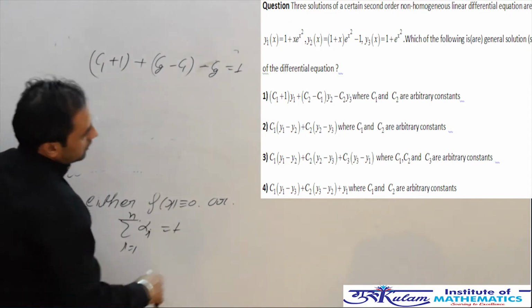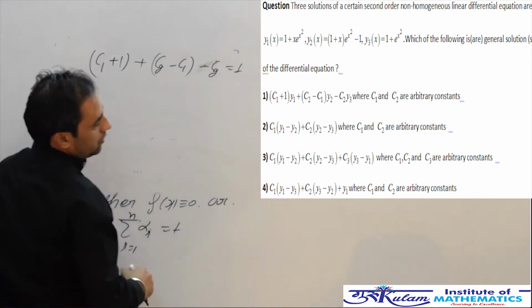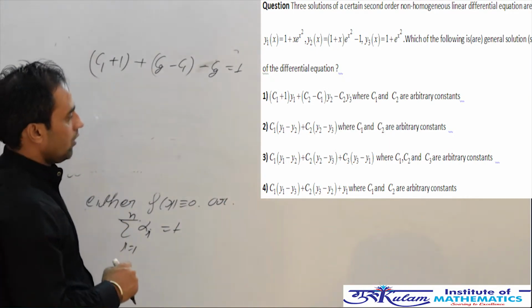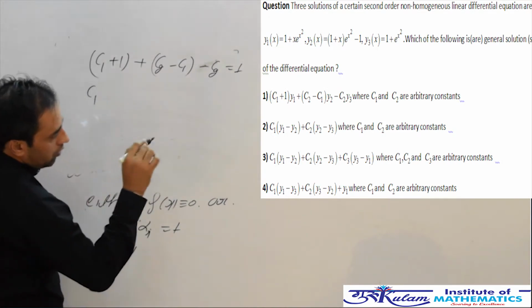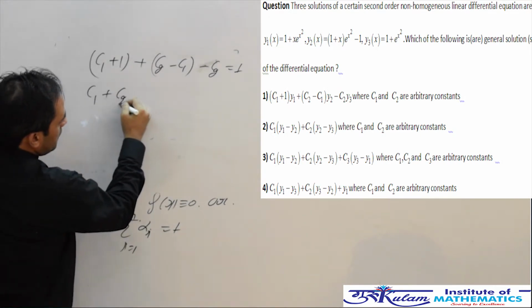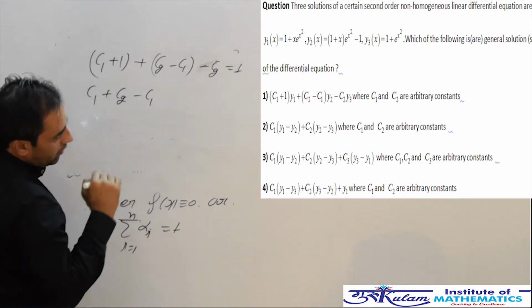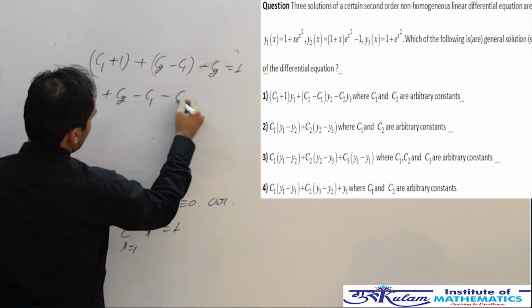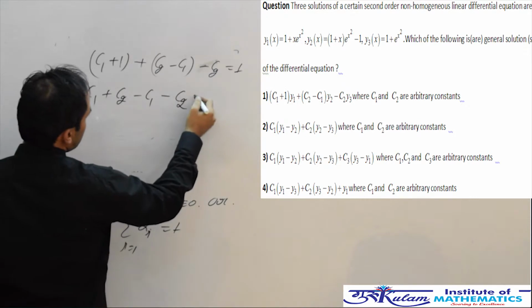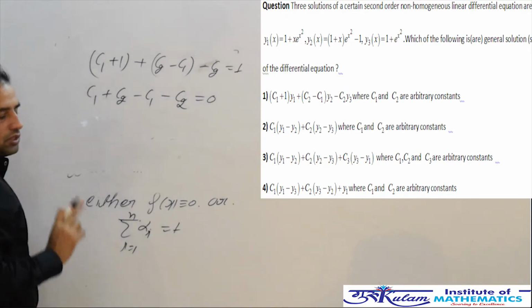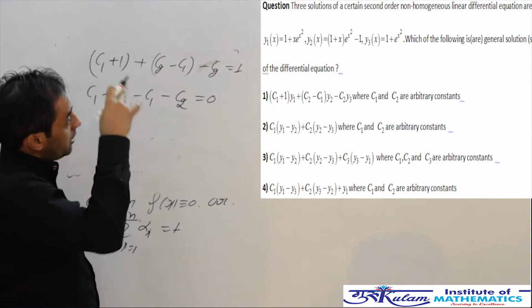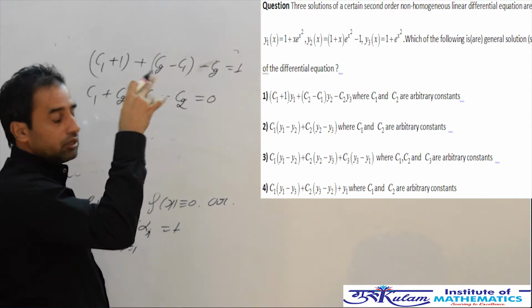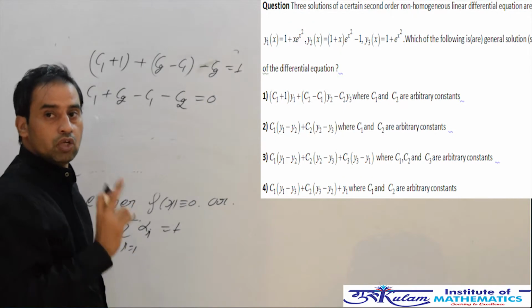In the second option, the coefficient of y1 is c1, the coefficient of y2 is c2 - c1, and the coefficient of y3 is -c2. So this sum is equal to 0, which is not 1, implying the second one is not a solution, since the given equation is non-homogeneous and the sum of coefficients should be 1.